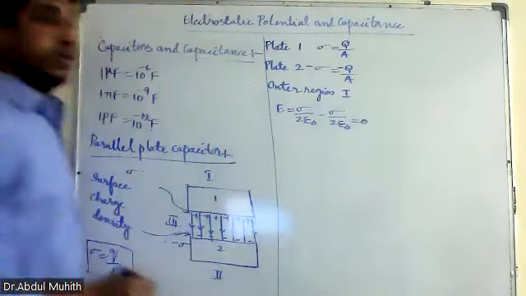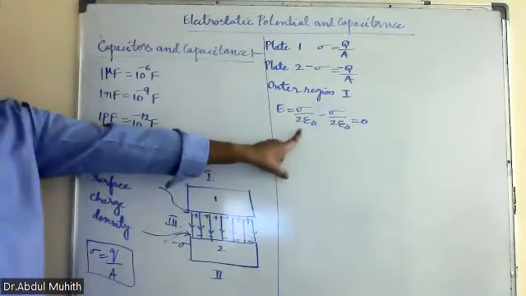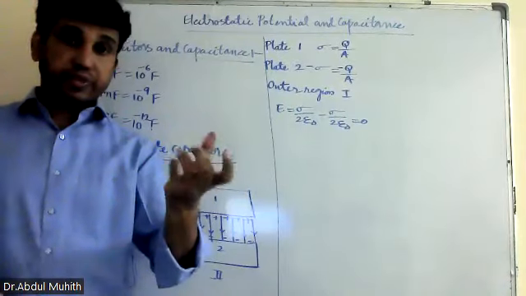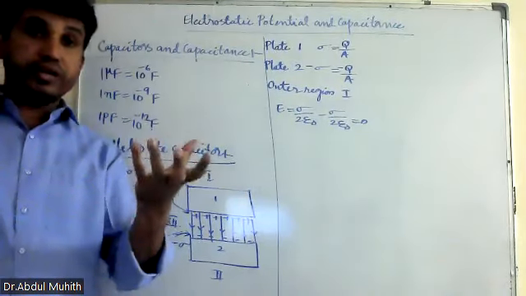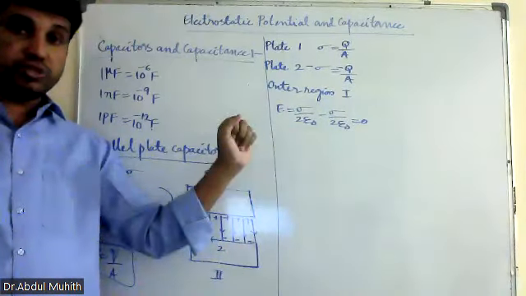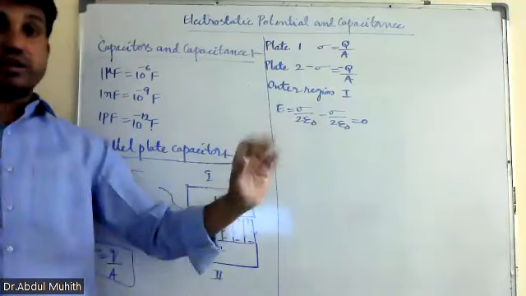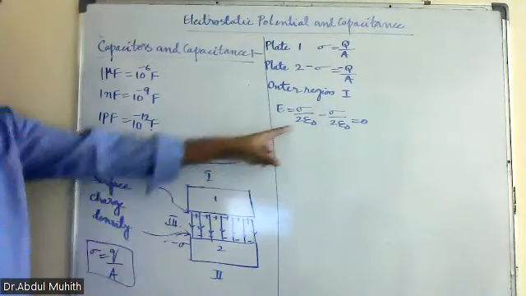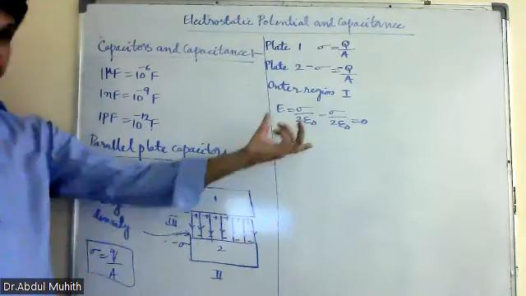Why is it so? Sigma by 2 epsilon 0 came from the infinitely long, uniformly conducting sheet. From there we got sigma by 2 epsilon 0 for the positive surface, and for the negative surface we got minus. So that became 0.